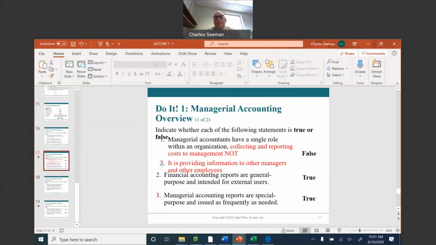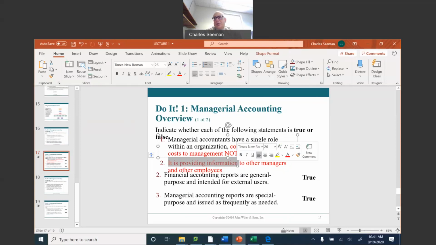But don't be tricked on number one: it is not collecting and reporting costs. It's reporting information. Some of that information is cost, but that's not the only thing a managerial accountant does or reports.